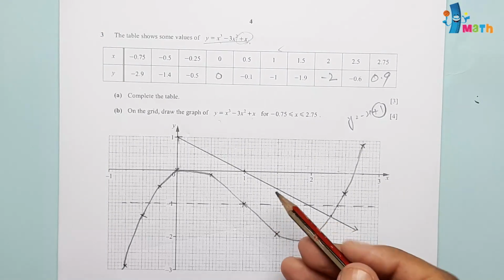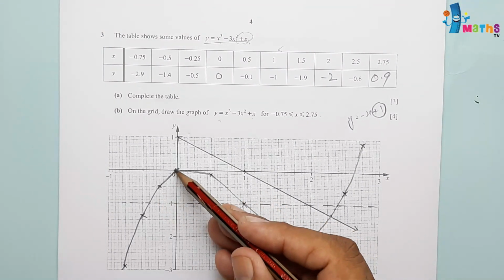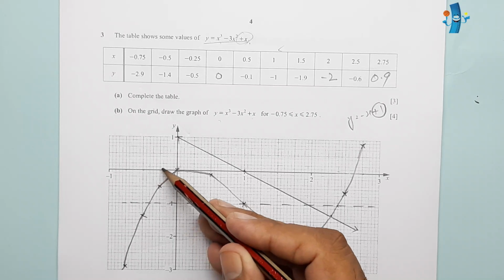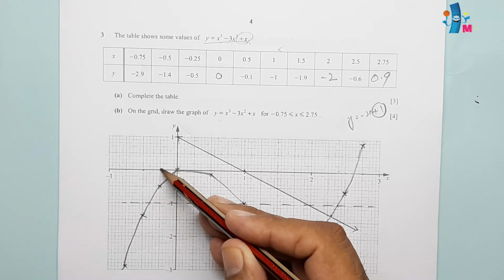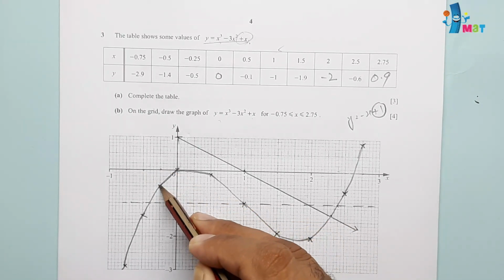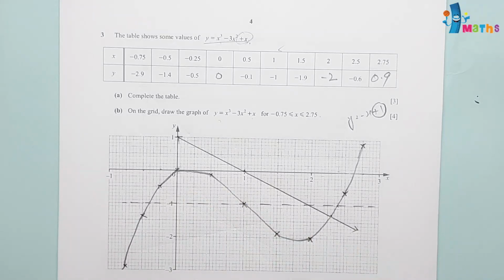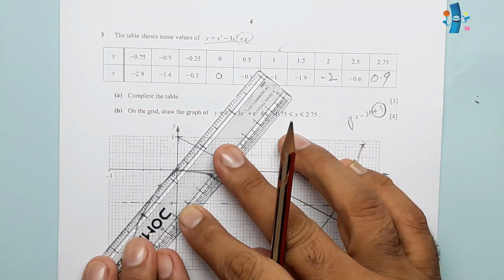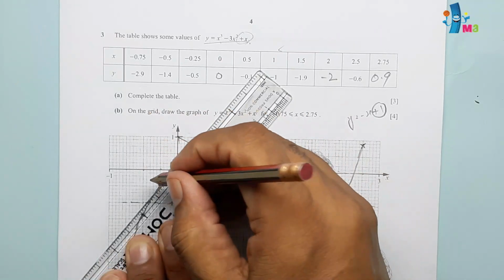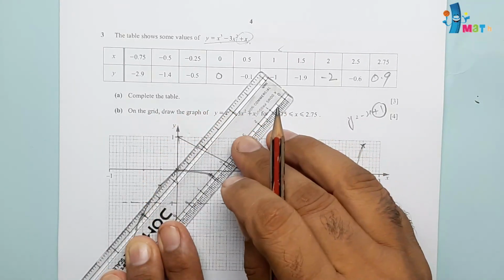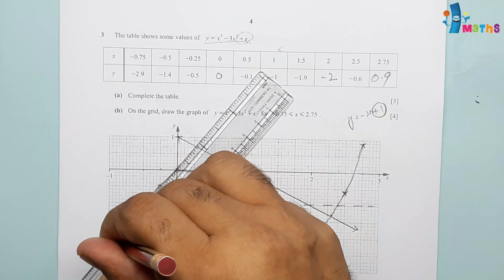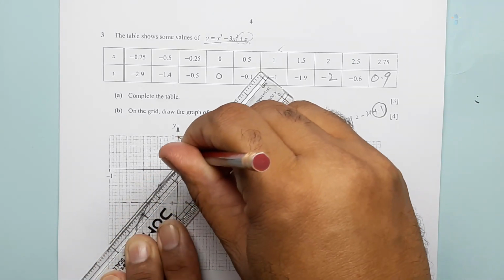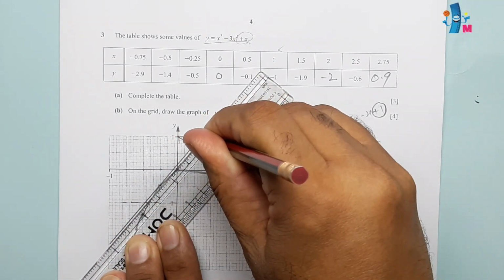X is equal to minus 0.25. This is 0.5, this will be 0.25. So first we'll draw the tangent at this point. Tangent, you know, is the line which is touching the curve only at a single point. So we can draw a line like this.